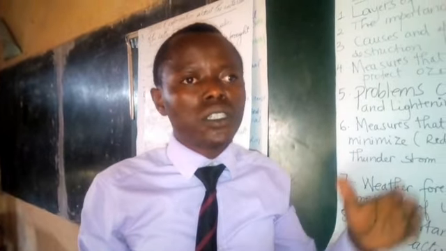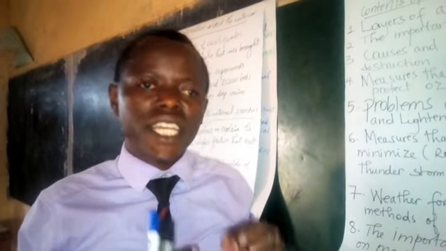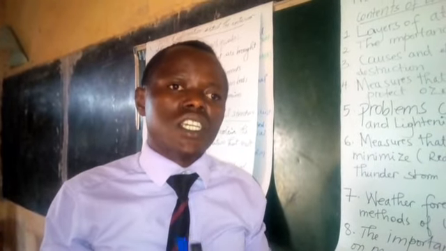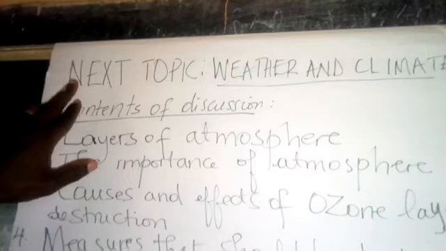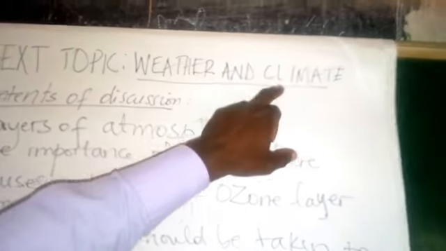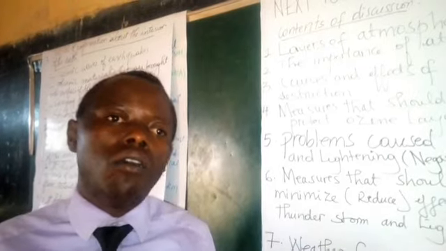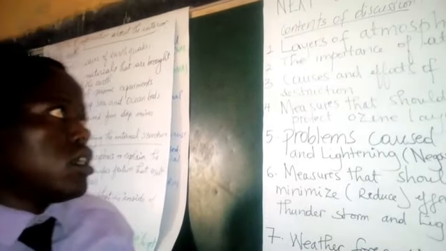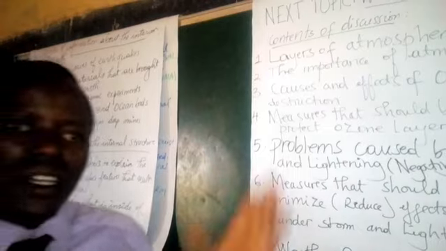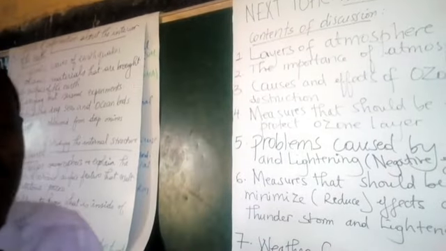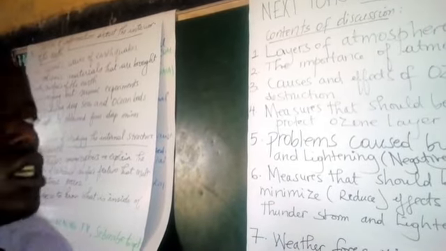I want to give you information about the next topic. The next topic is about weather and climate. In this topic, we'll be focusing on the following contents of discussion.